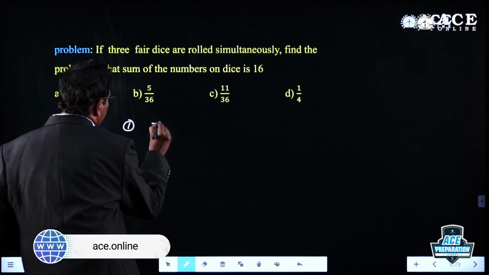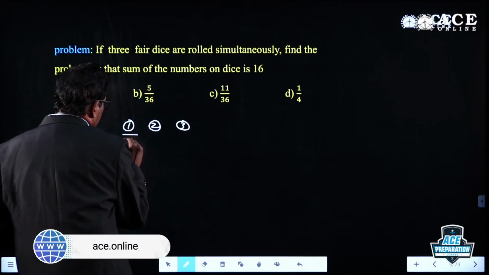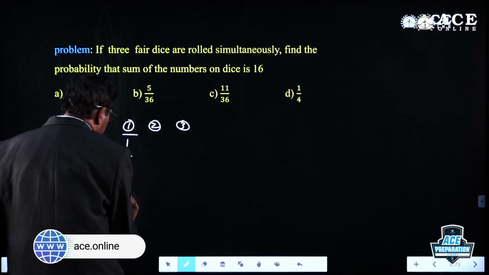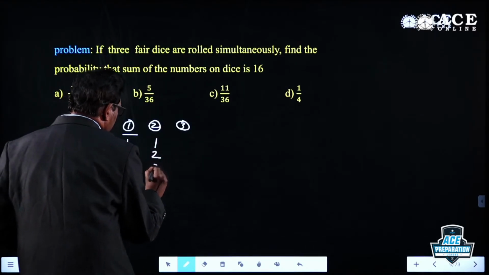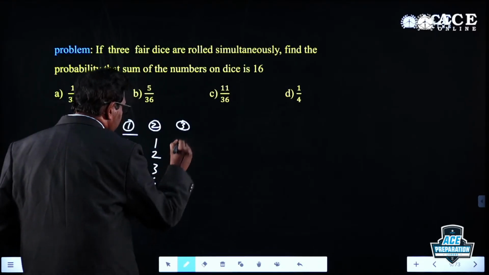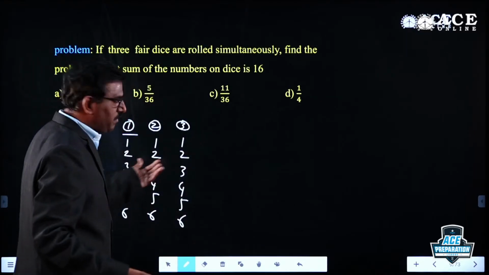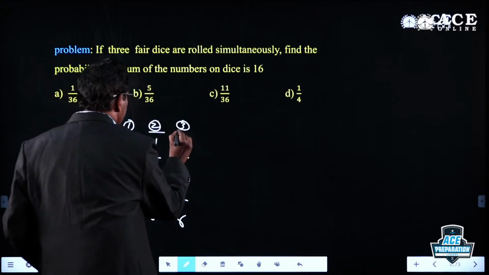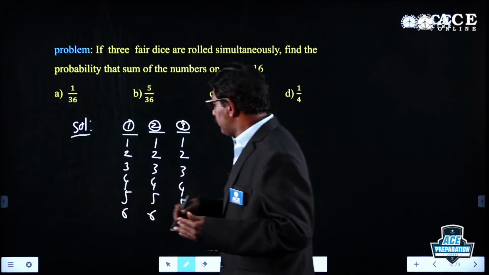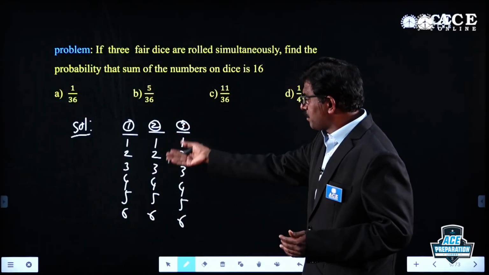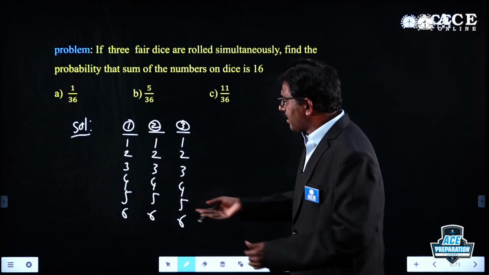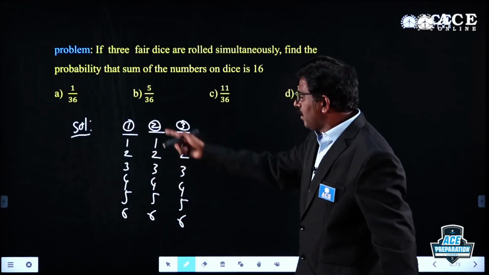Suppose the first die is marked with the numbers 1, 2, 3, 4, 5, 6. The second die is 1, 2, 3, 4, 5, 6. The third die is 1, 2, 3, 4, 5, 6. I will not write all the cases, not required. Only for the explanation, to give you clear information, I am writing like this. Now you say this.